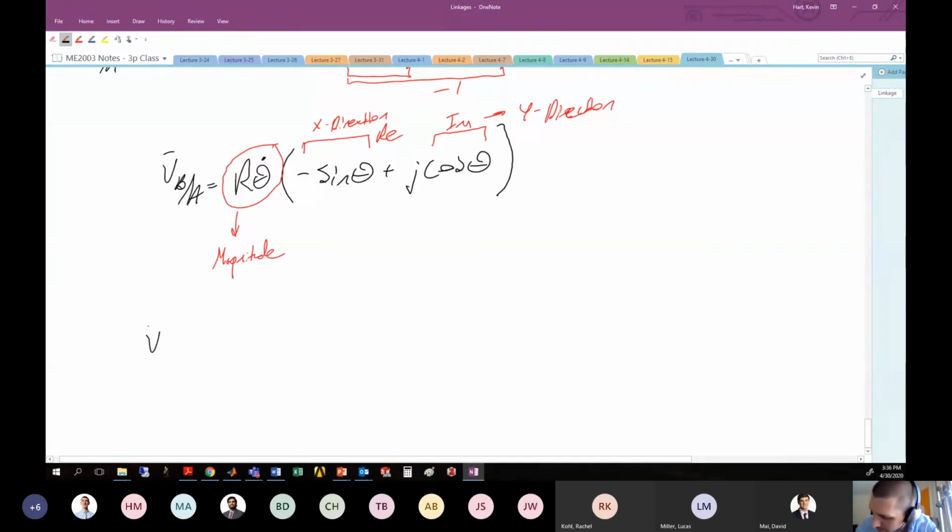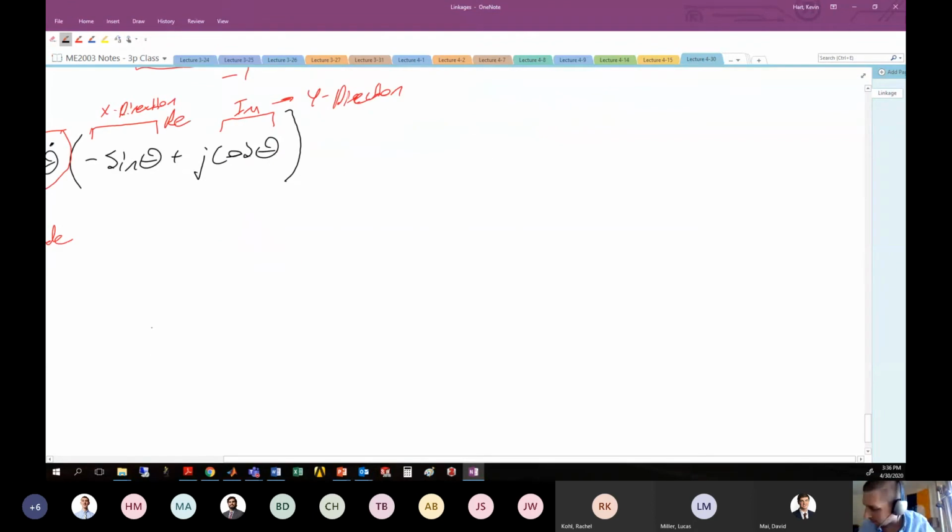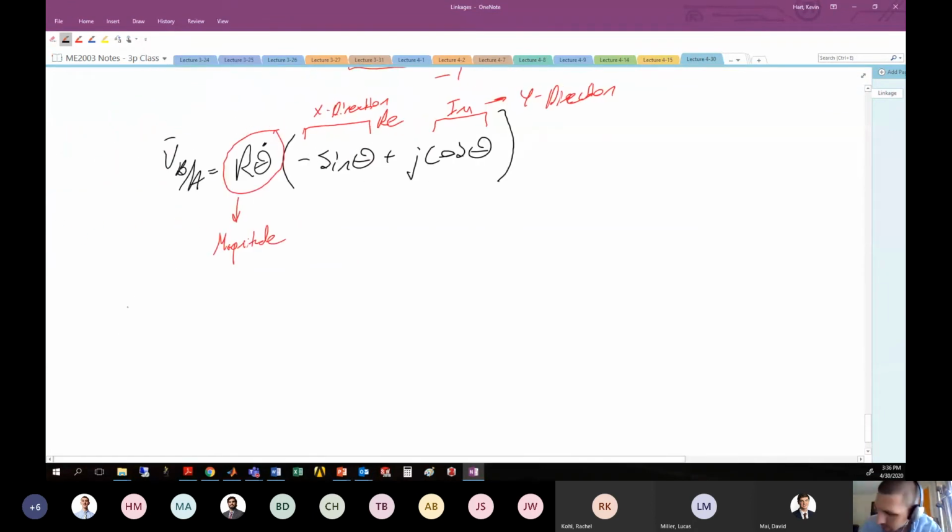So let's recall our definition for theta dot. Here we had this negative direction for omega, so negative omega AB.